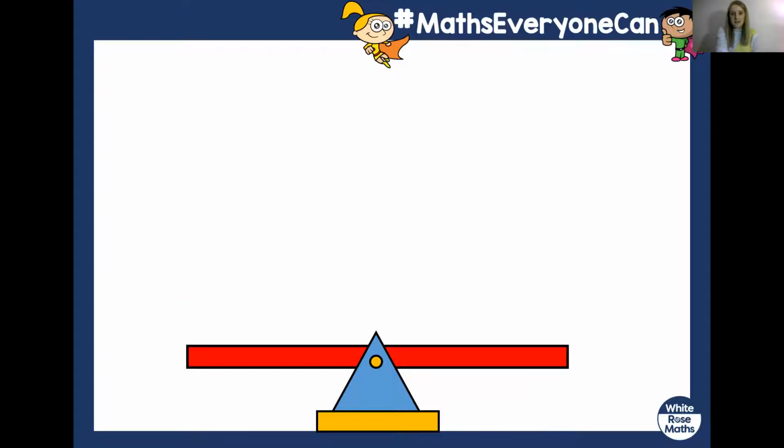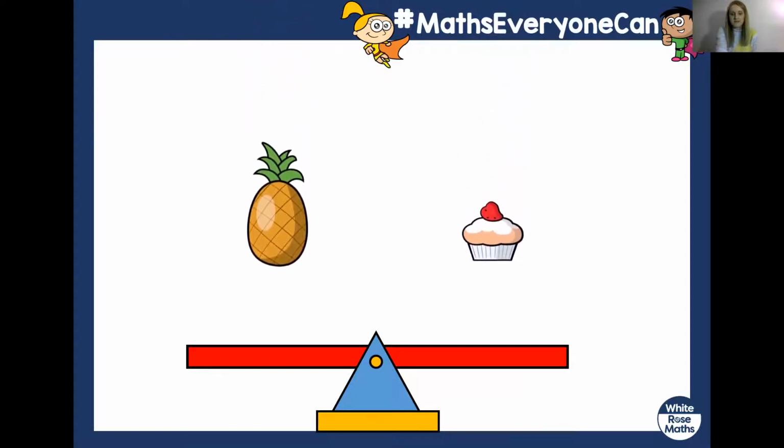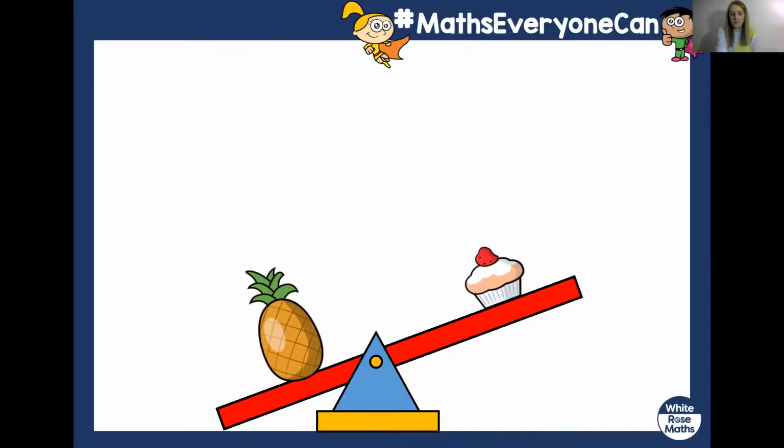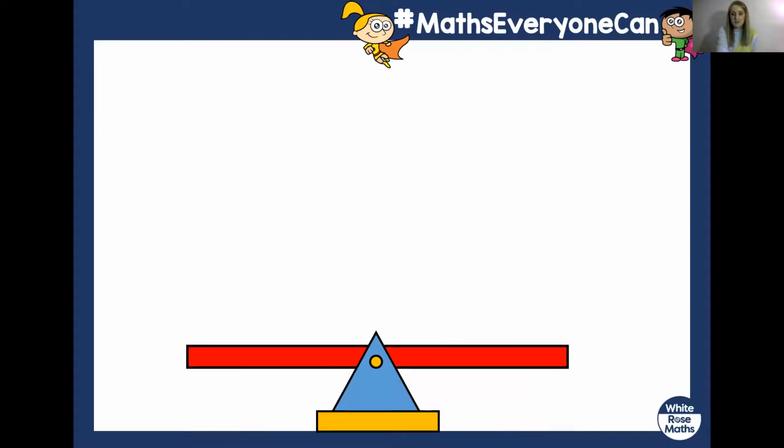Let's have another look. Which one do you think will be heavier? The pineapple is heavier than the cupcake. So the cupcake must be lighter than the pineapple. Well done.